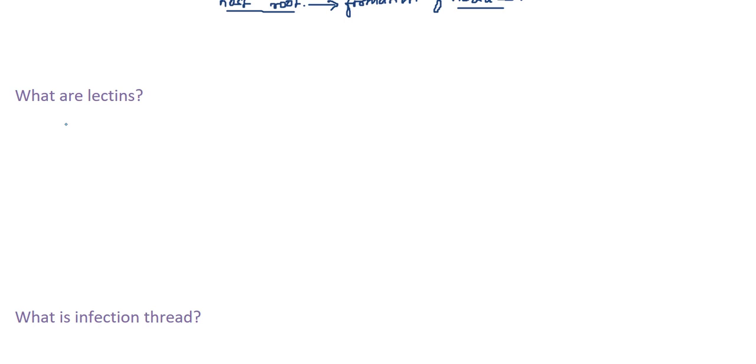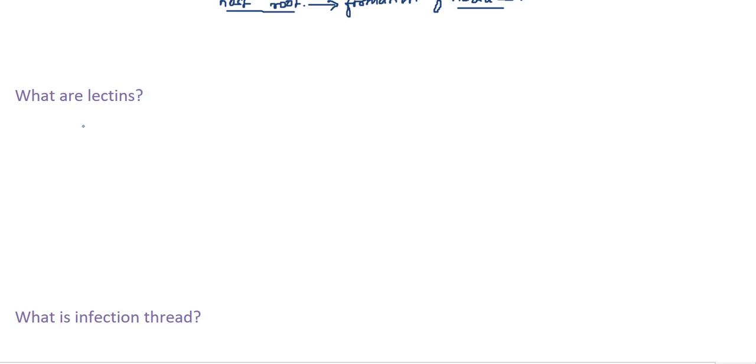So here, what are lectins? Lectins you must have studied in several chapters. Here, what does it mean? The first thing you must remember is that the nitrogen fixing bacteria, which is rhizobia, form a symbiotic relationship with legumes, and this symbiotic relationship is characterized by a high degree of selectivity.